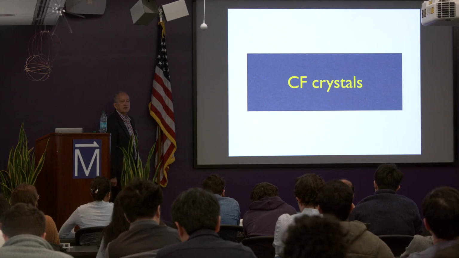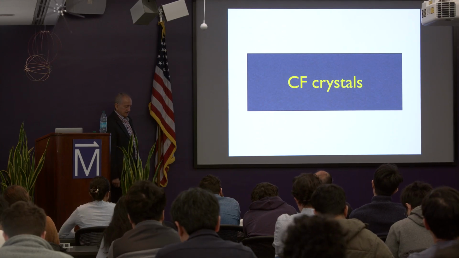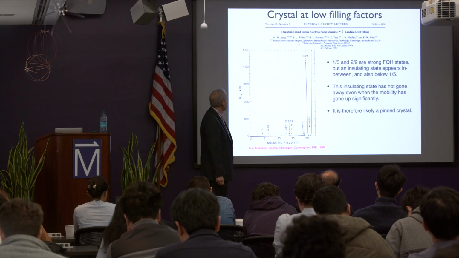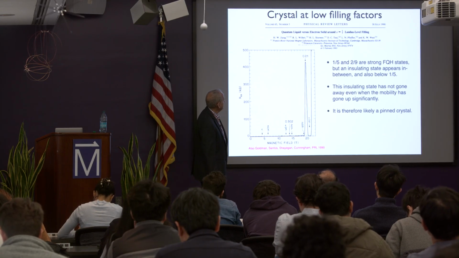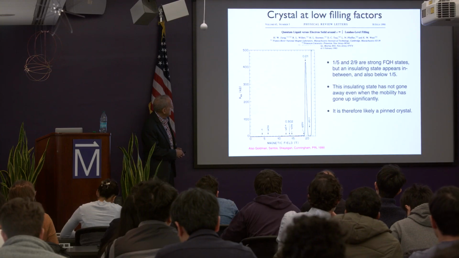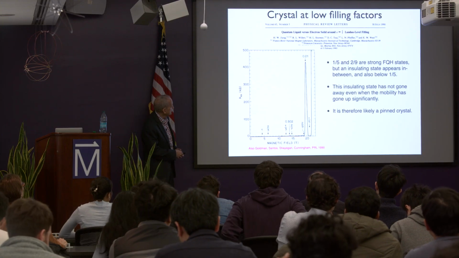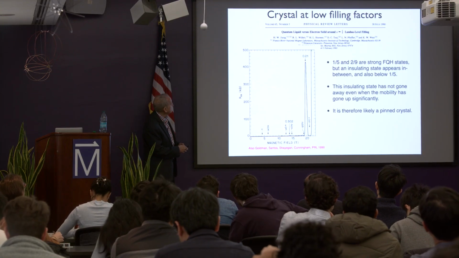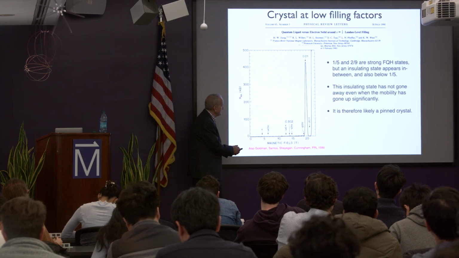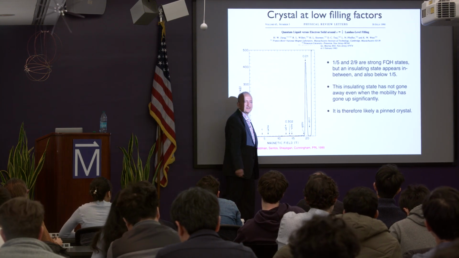Okay, let me come to the next topic, which is crystals of composite fermions. One of the interesting aspects of the fractional Hall effect is that this is 1/5, this is 2/9, and there is an insulating state here in between the two. You see very beautiful 1/5, beautiful 2/9.